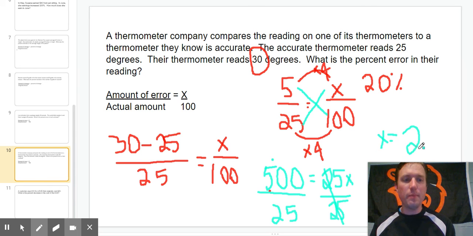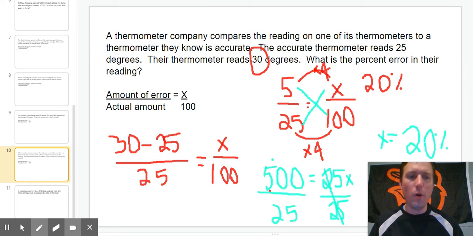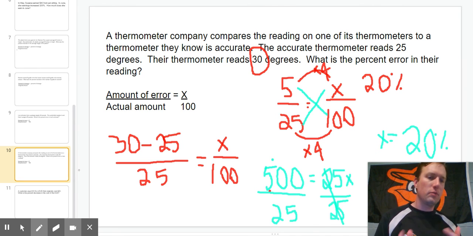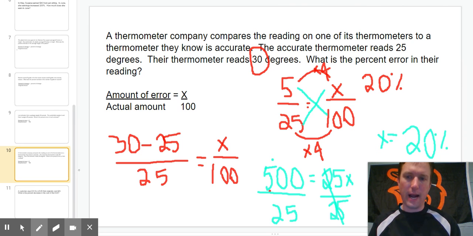But since it's a percent, it would be 20%. So both ways would be good solutions for you when you solve problems like this. This was a percent error problem. We took our information, plugged it into our formula, and we showed two ways to solve the problem today.